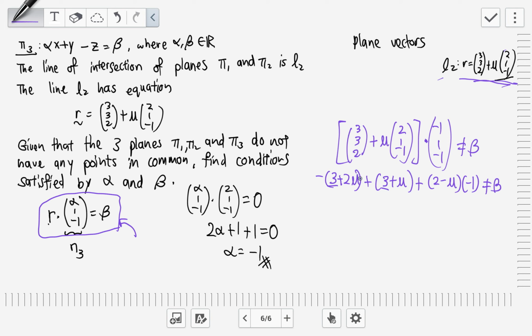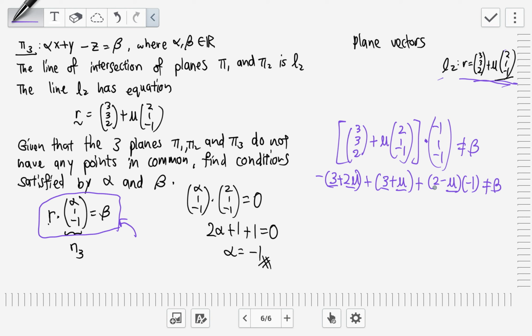Minus 2 mu plus mu is minus mu, minus mu minus mu plus mu is 0, and so the mu terms cancel.